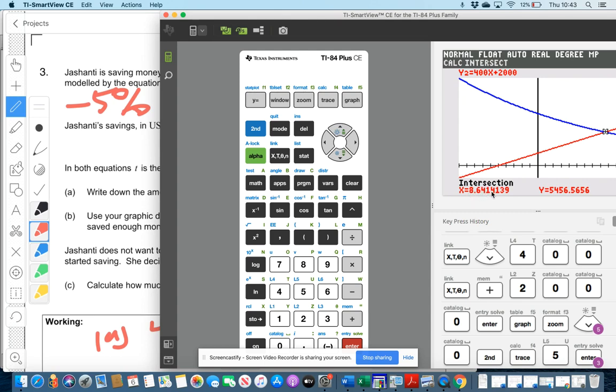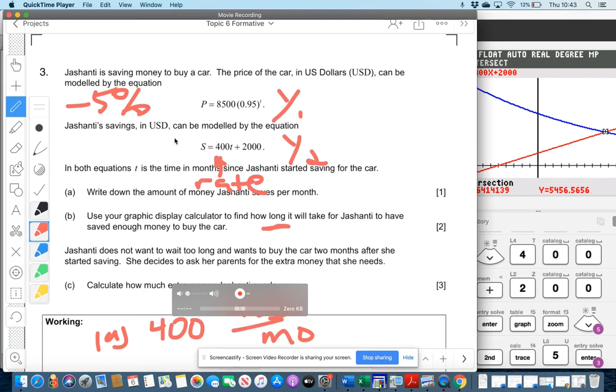So that's going to be our answer, but I don't think it's the best answer. IB will accept that, but I would round it up to 9 months for the answer. Okay, let's get down to our answers here.